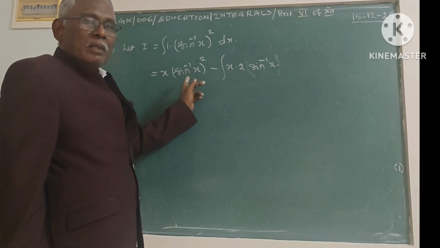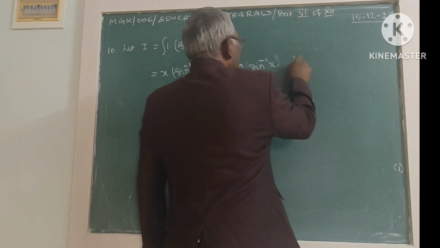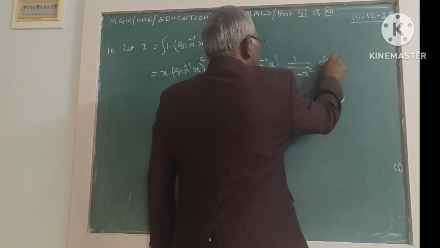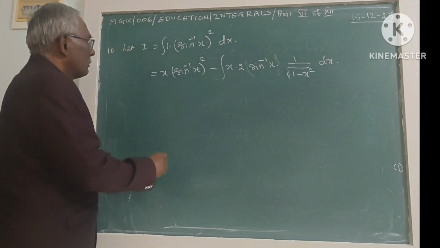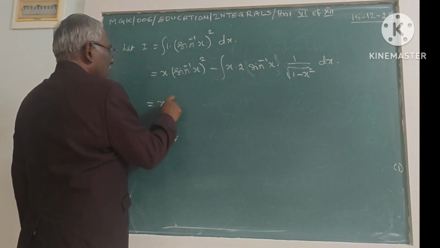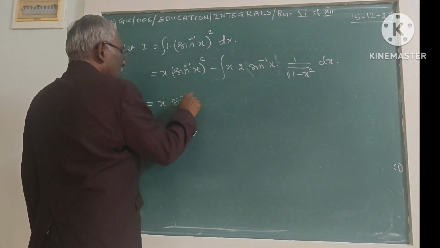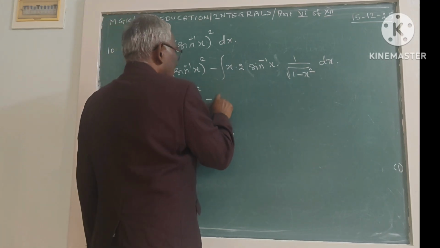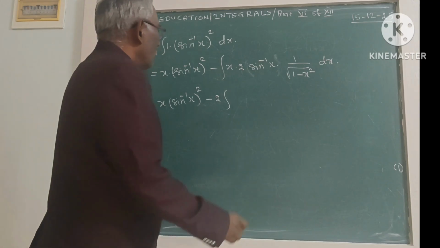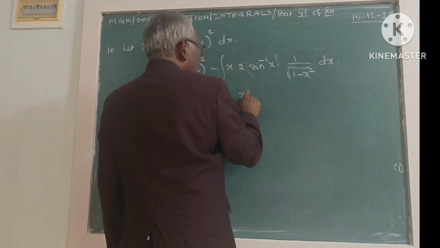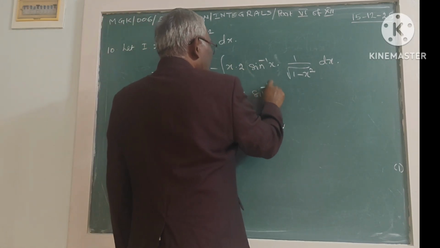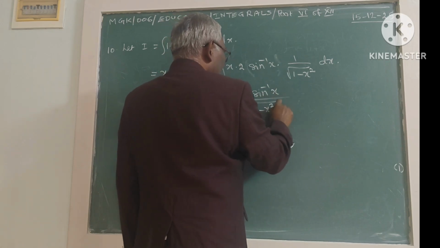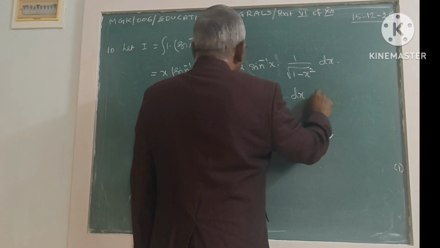If we differentiate sin⁻¹x, we will get 1/√(1 − x²) dx. So this is nothing but x (sin⁻¹x)² minus 2 times integral of x sin⁻¹x/√(1 − x²) dx.